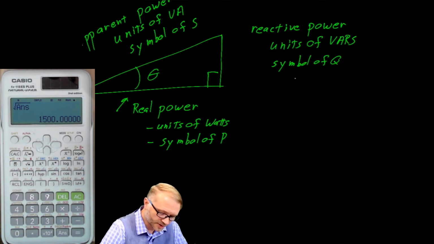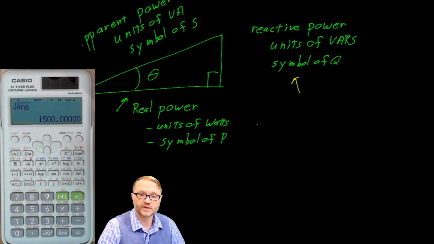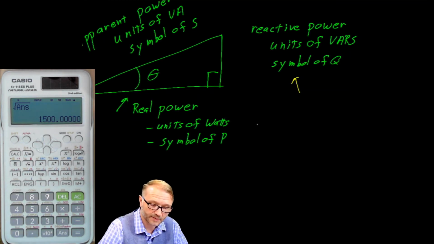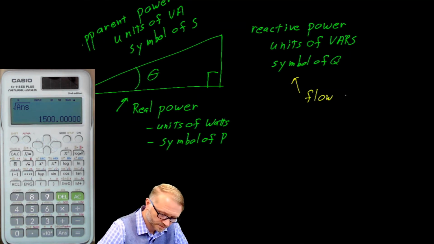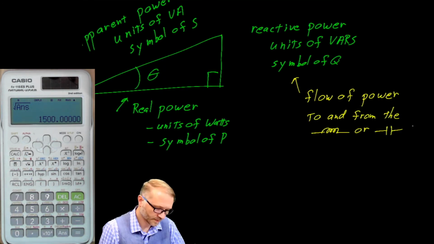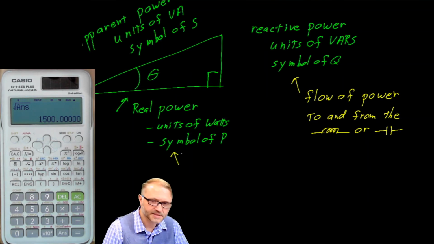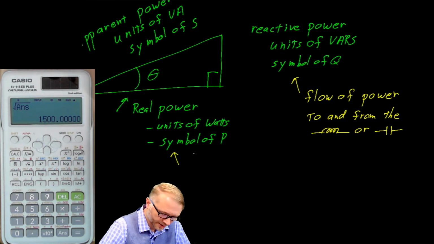We should make a few notes here. This reactive power is power that flows back and forth between the generator and the inductor or capacitor, depending on what type of circuit you have. Real power is the power that actually does work.